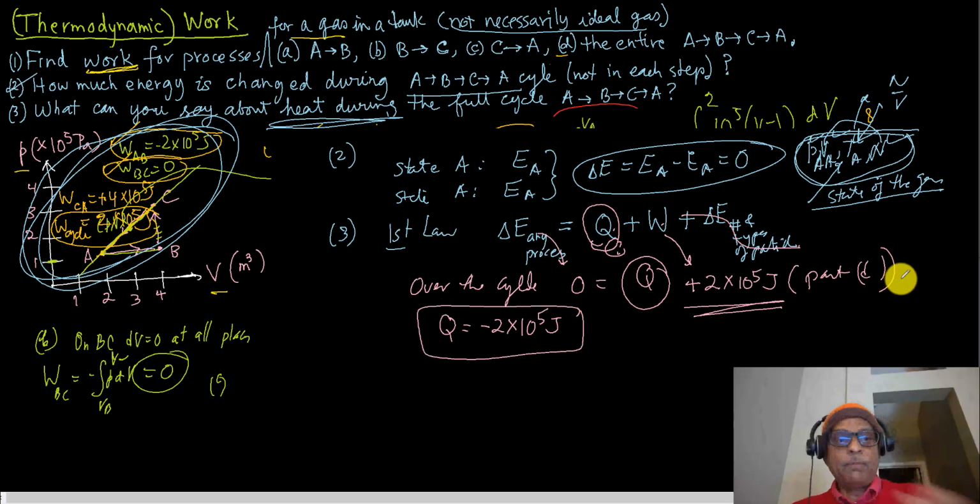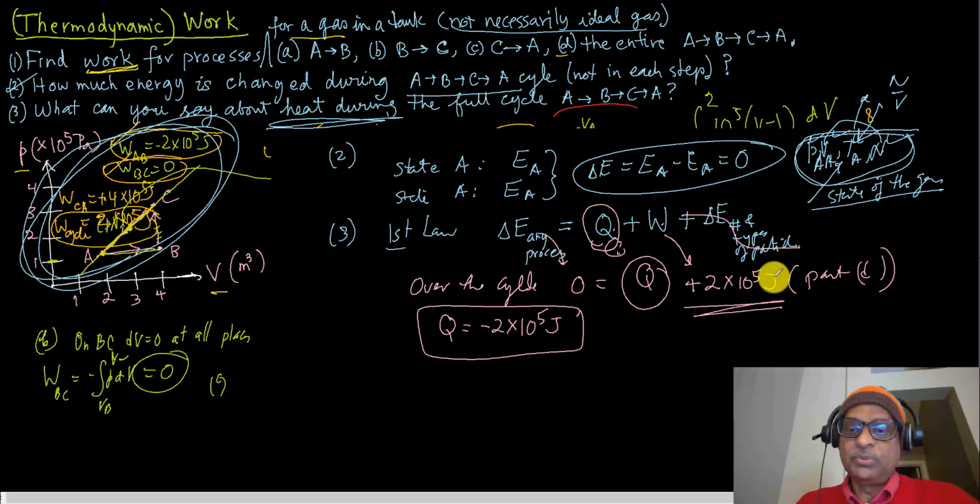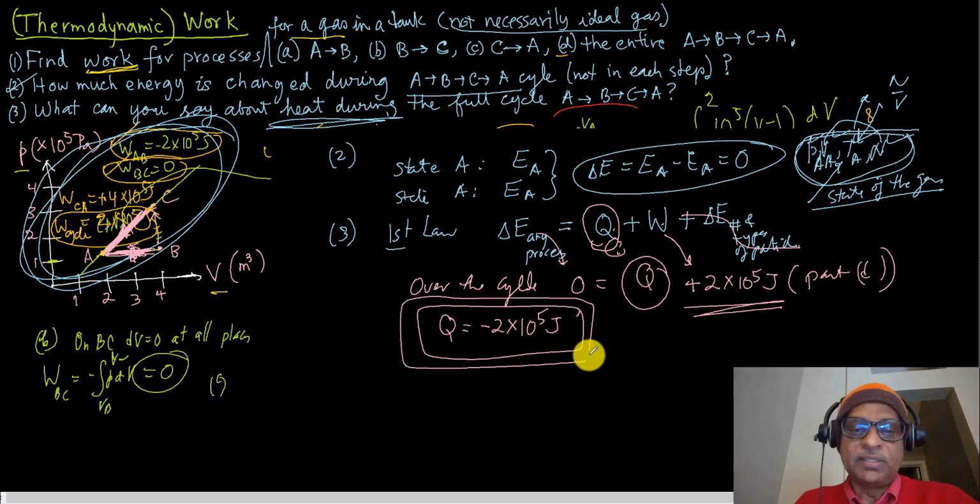Whatever work we had to do to compress the gas, and the positive and negative work that comes out of this, these together had to be balanced by heat flow. This is the amount of heat flow in the system.